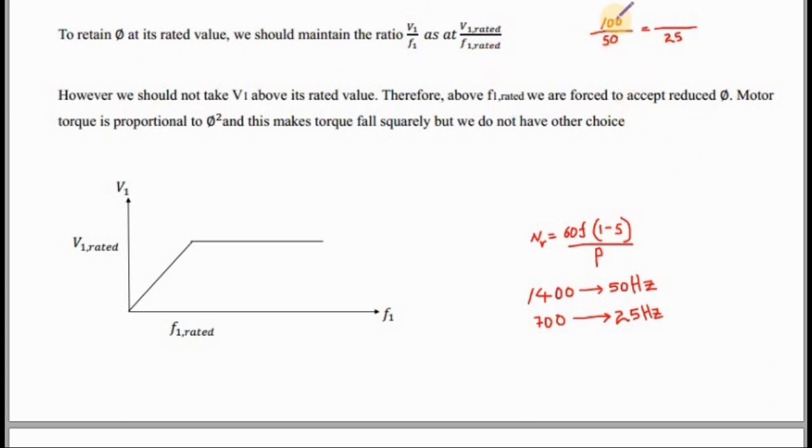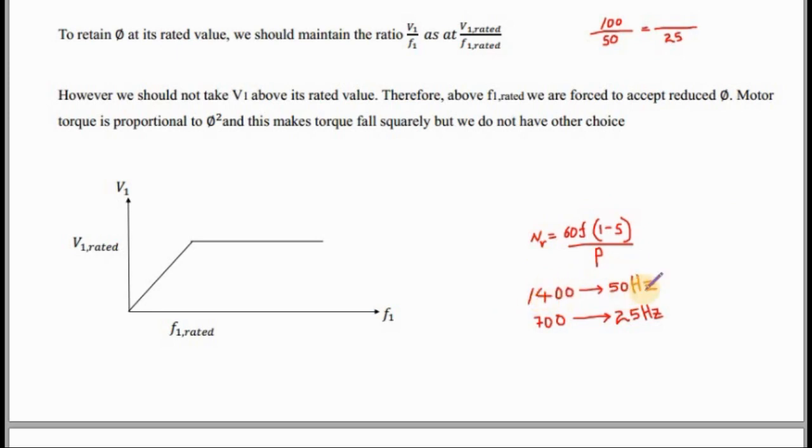Now we will take an example. Let's assume for a particular motor, V1 rated is 100 volts and F1 rated is 50 Hertz. Let's assume for a particular loading, this motor is rotating at 1400 rpm, which means the rotor speed.